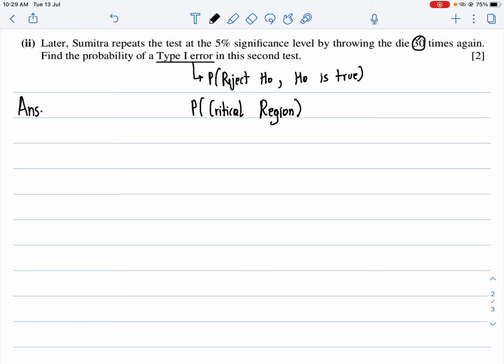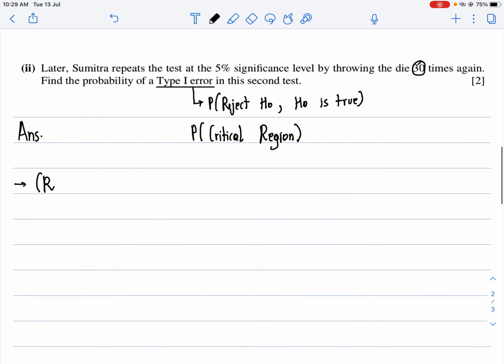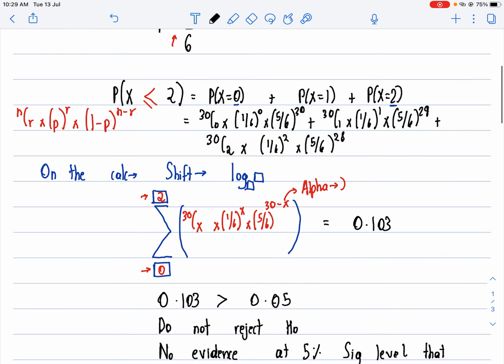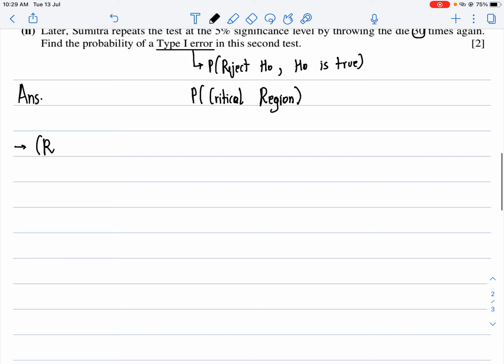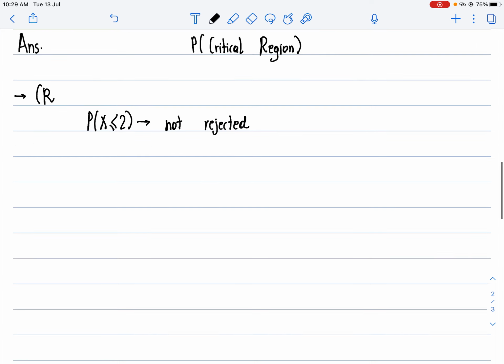So now let's find the critical region first. I can make this calculation much simpler because I know the probability of x less than or equal to 2 was not rejected. So I know even 3, 4, 5, 6, 7 like that is not rejected.